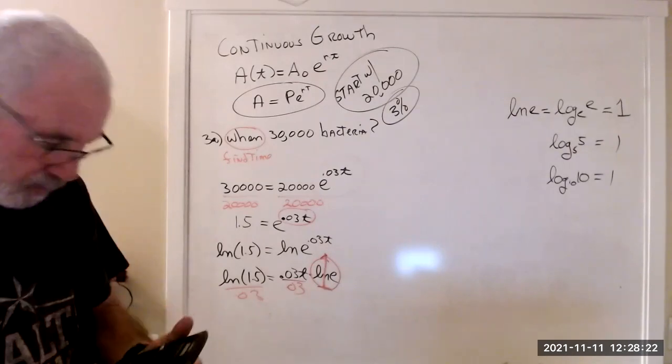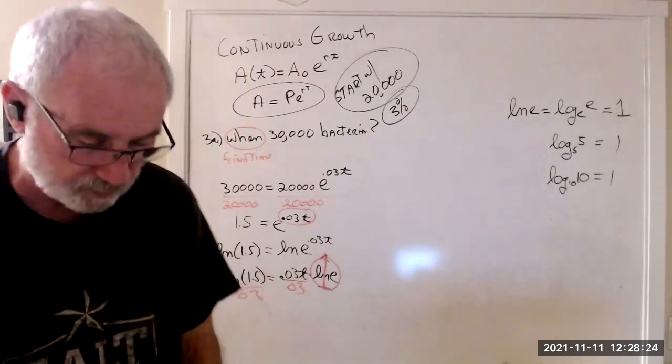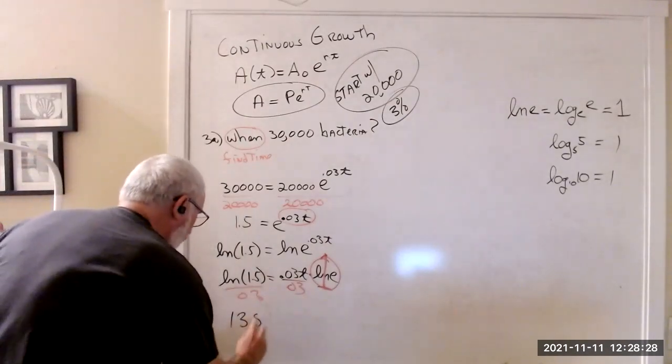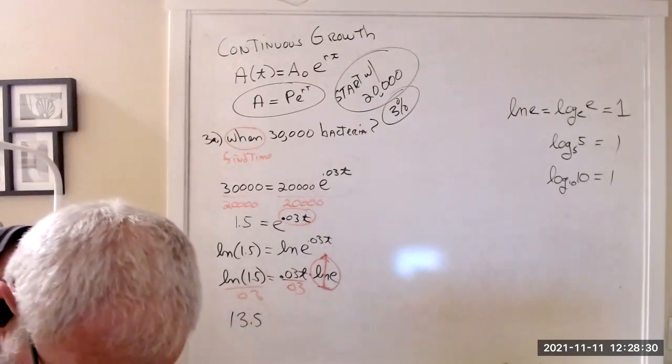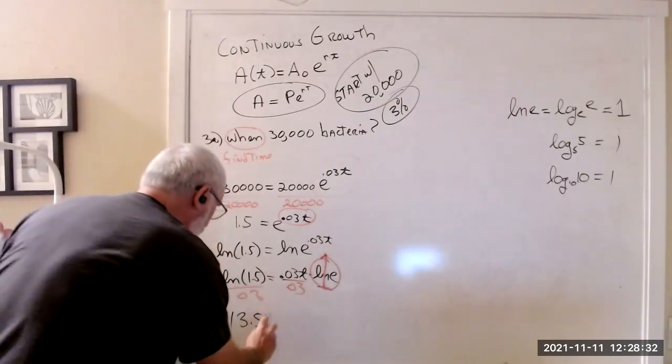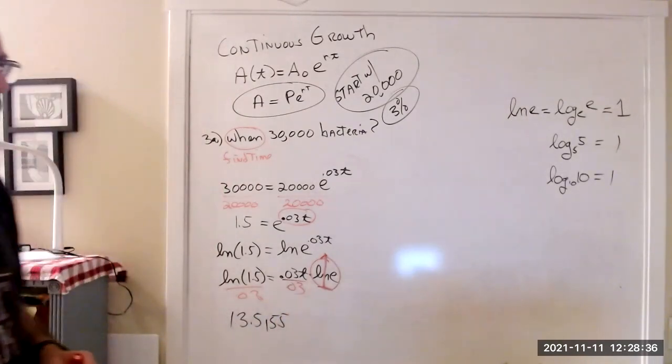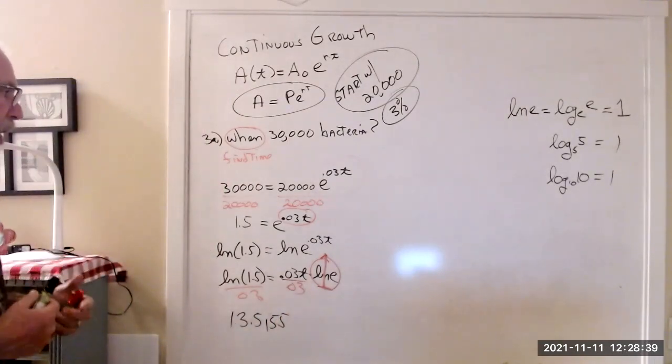And I get 13.511 something. 13.5, I suppose I should, 155, whatever. Now, hang on a minute.